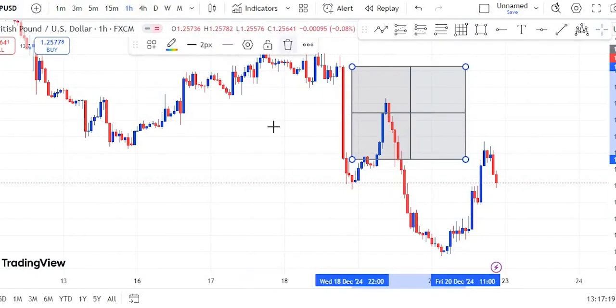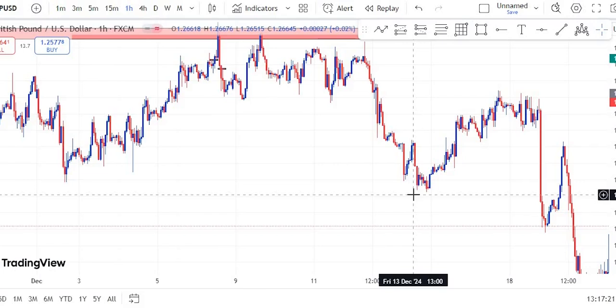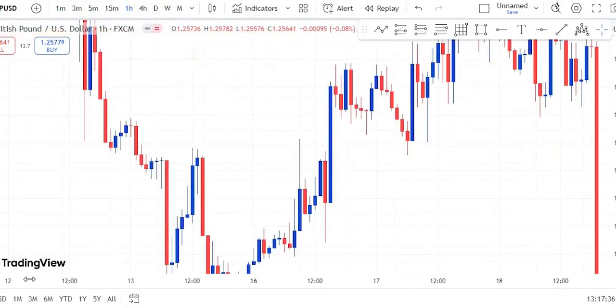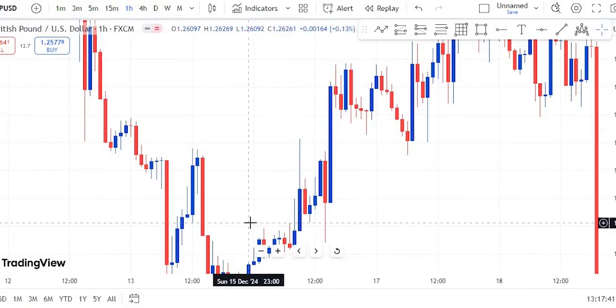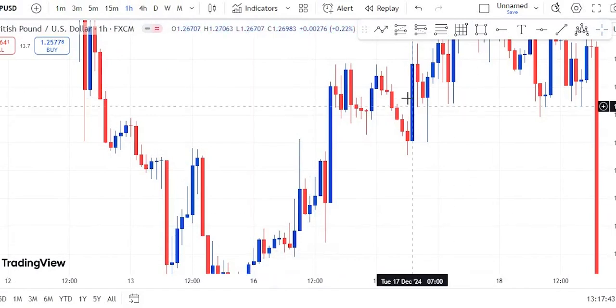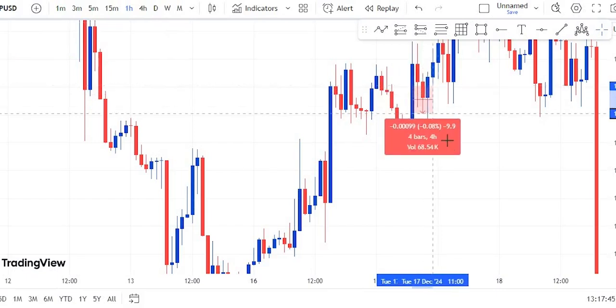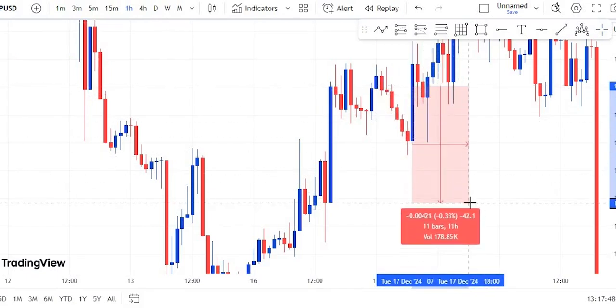All right, let's look for another scenario. Remember I said 30 pips? So let's look for a candle that's 30 pips big. This candle is 42, so this qualifies.